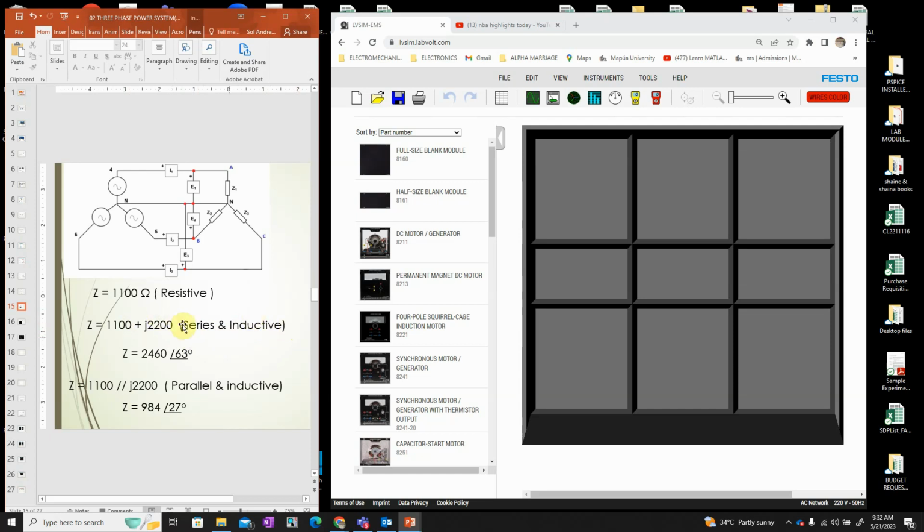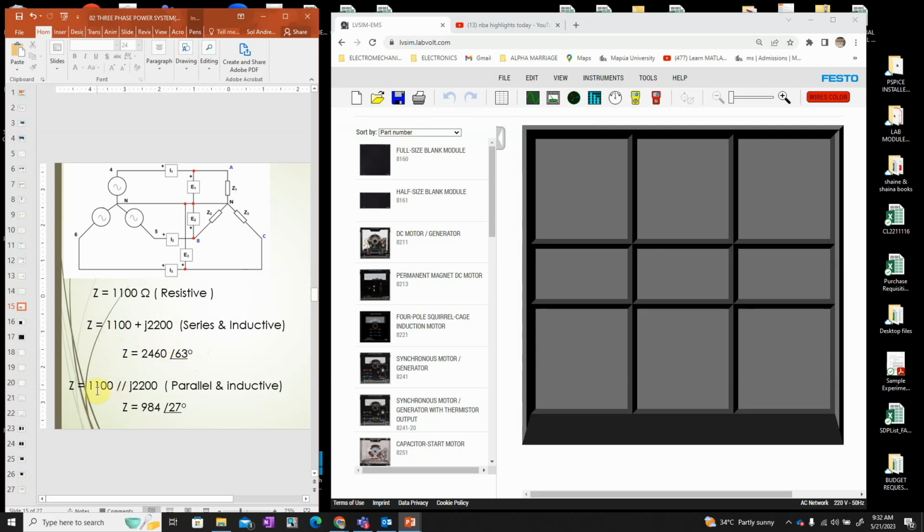In this example, let's say the impedance is 1100 Ω purely resistive, or it can be a series combination of a resistor and an inductor. In this case, the value I put is 1100 + j2200 Ω, or in polar form, Z equals 2460 Ω with an angle of 63 degrees.